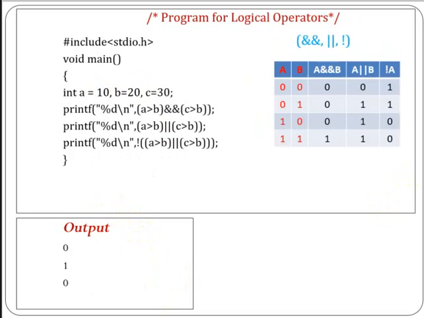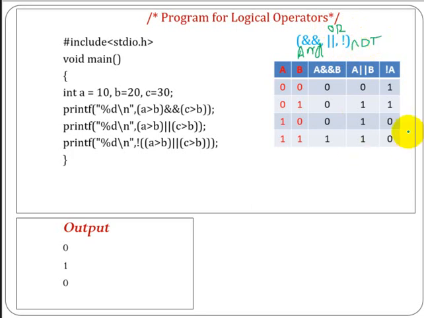The next operator is the logical operator. So in the logical operator there are three things. Basically it may be classified as AND operator, double ampersand, and then the OR operator, double pipe symbol, and then the other one is the NOT operator.